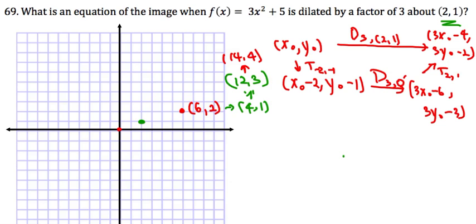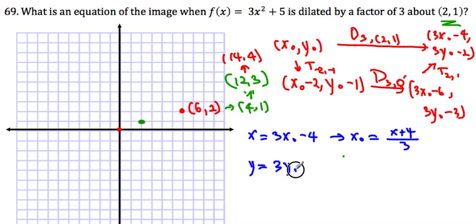So in other words, our new x becomes 3x naught minus 4, and this implies that x naught, after calculation, is (x plus 4) divided by 3. Now, our new y is equal to 3y naught minus 2. So if you solve for y naught, it becomes (y plus 2) over 3.